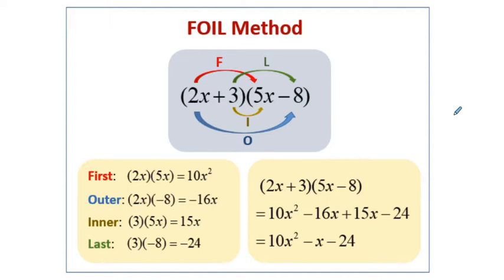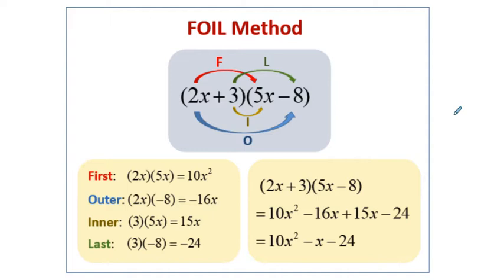Now, me personally, I'm not a huge fan of it because it only works for two terms times two terms. And when we expand this to two terms times three terms, some people try to use the FOIL method, and then you end up missing some terms, and it gets messed up a little bit. But I know some people like to use this for two terms times two terms, and it really helps them.